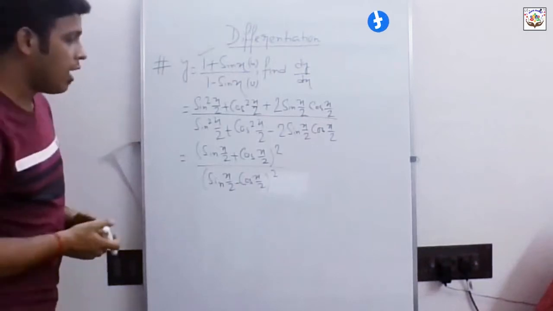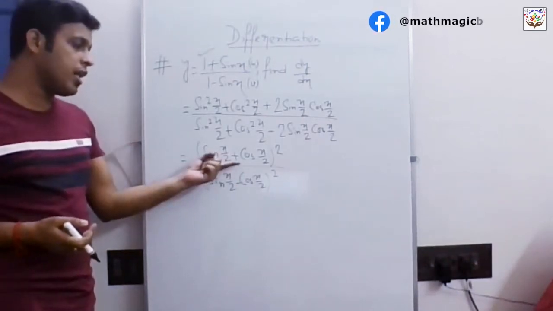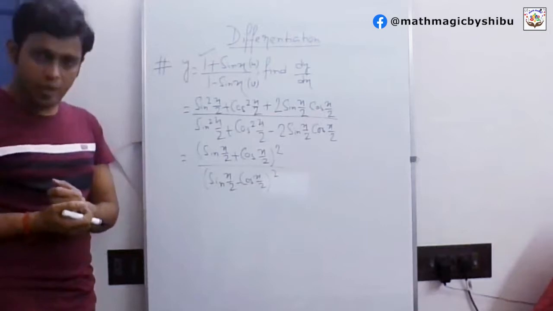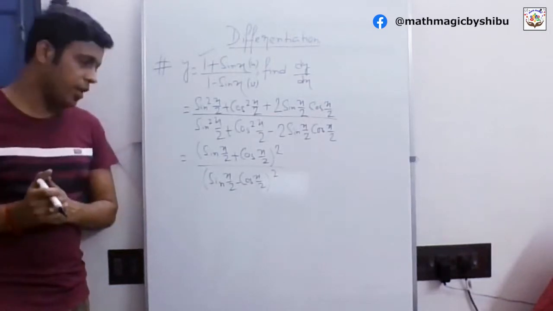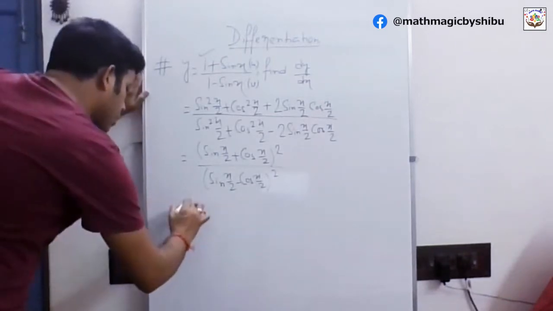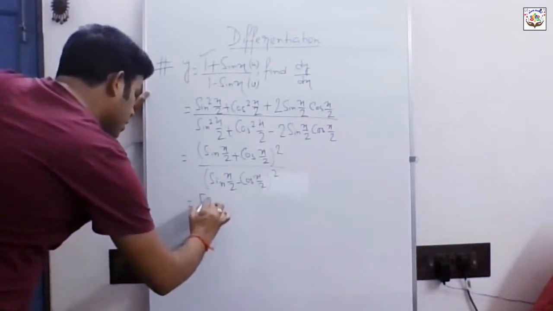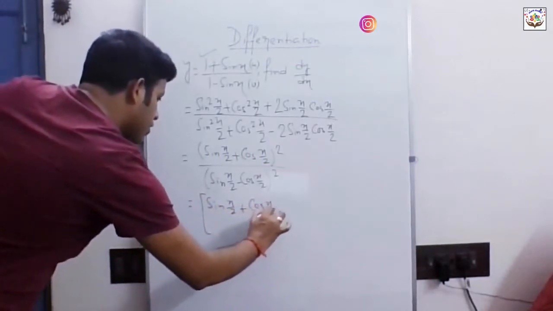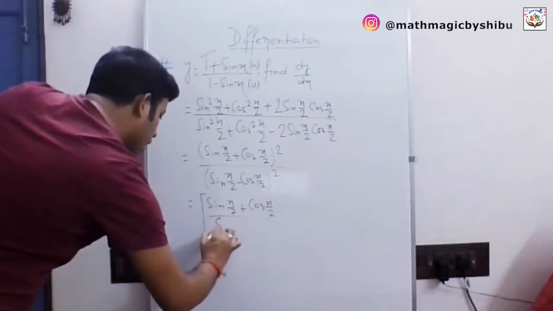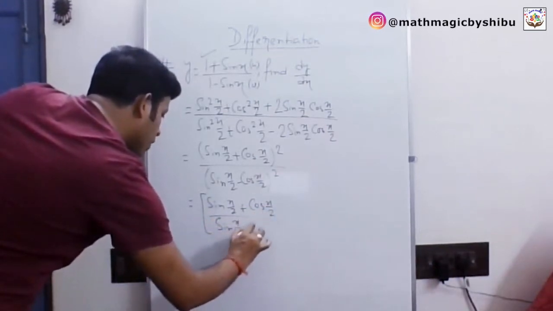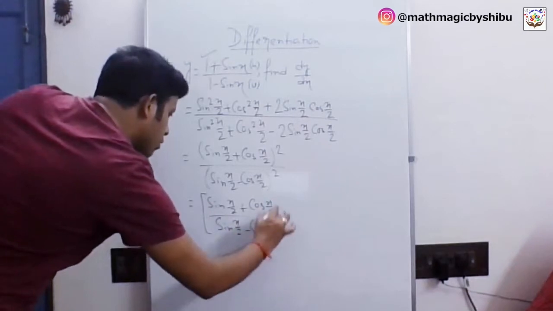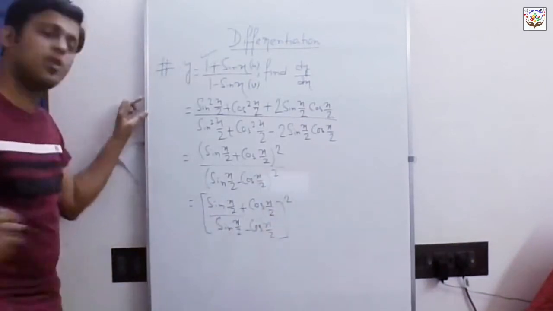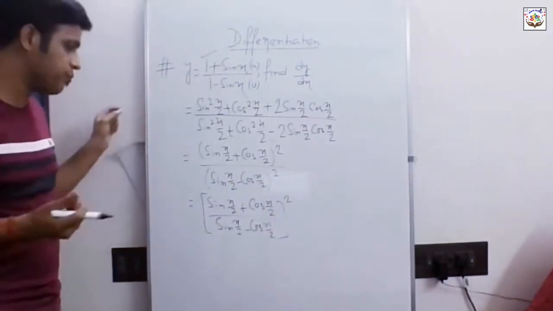If now I divide both numerator and denominator by cos square x/2, then what does it become? Now we can represent it as (sin x/2 plus cos x/2) divided by (sin x/2 minus cos x/2), whole square. Okay, we can easily write it.